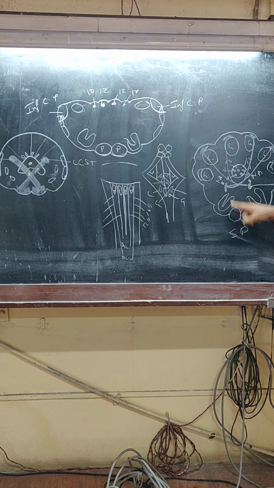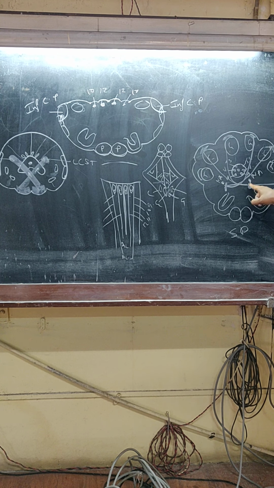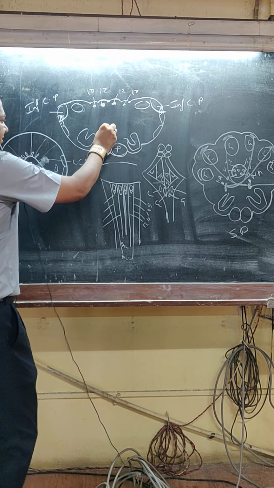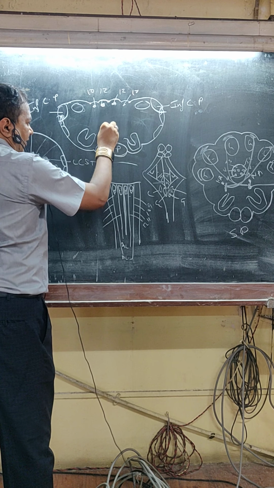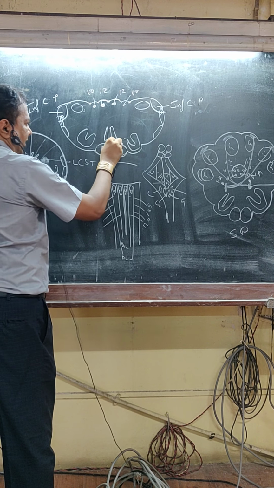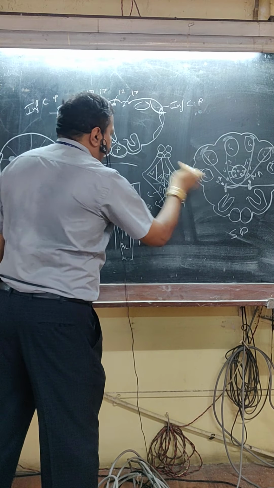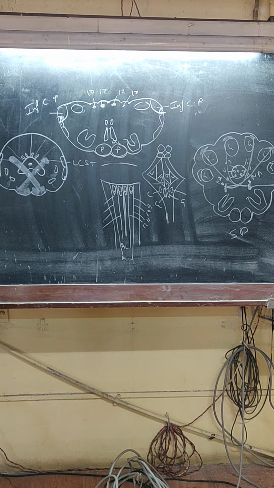In the sensory decussation, the tractus gracilis and tractus cuneatus go to the opposite side and form the medial lemniscus. That medial lemniscus will be seen in the midline. Above that is this section.